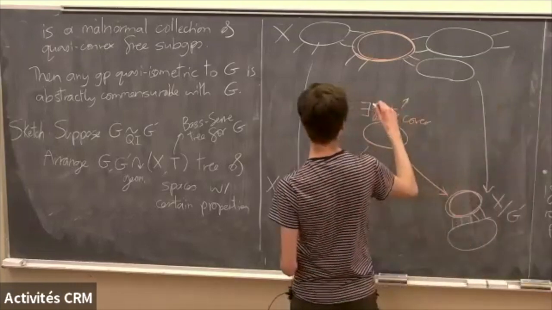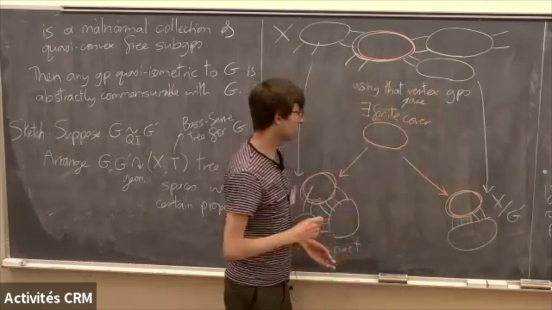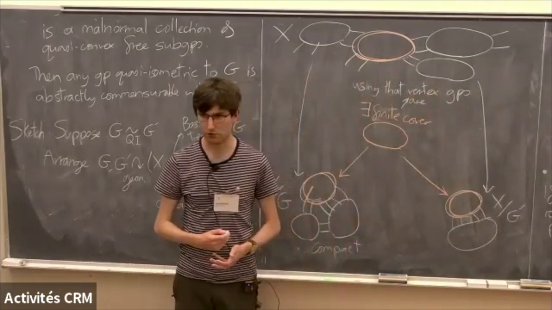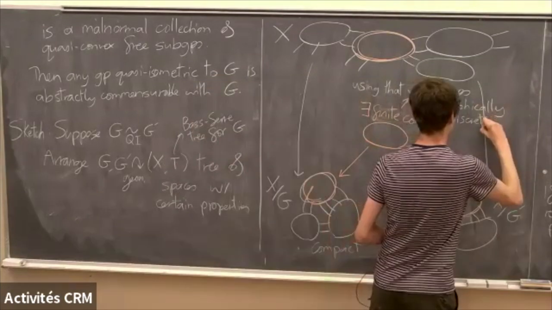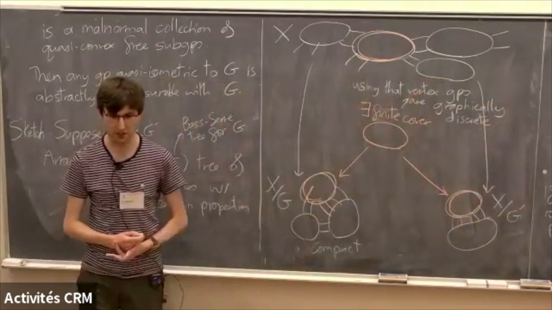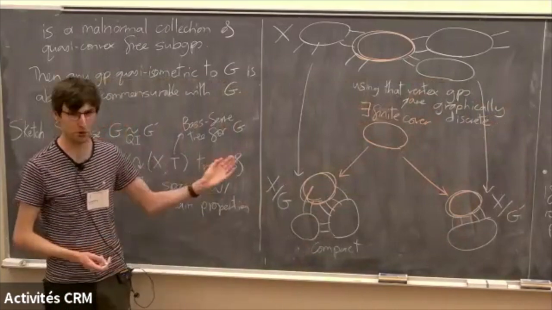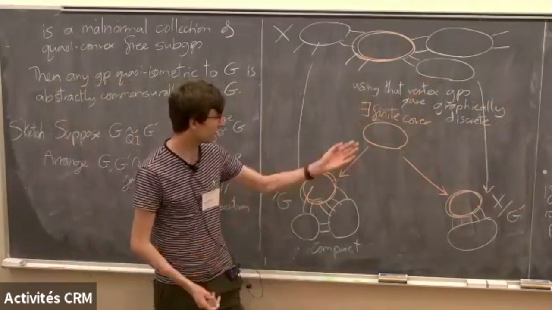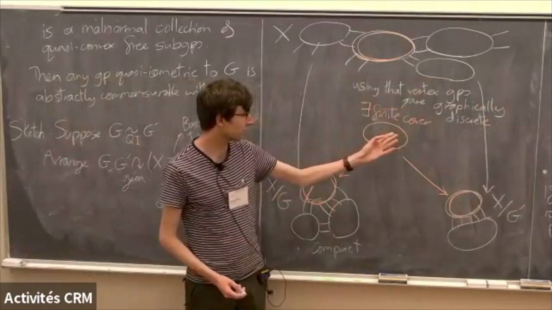And this uses that vertex groups of G are what's called graphically discrete. So this is a particular property enjoyed by closed hyperbolic three-manifold groups, among many other groups. Something specific we're using here.